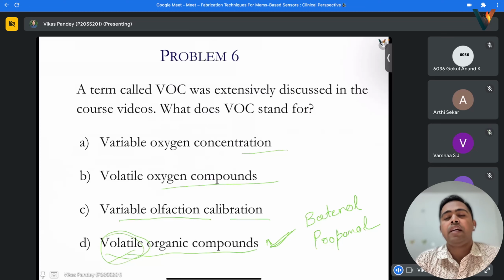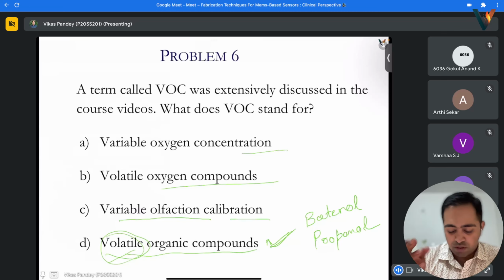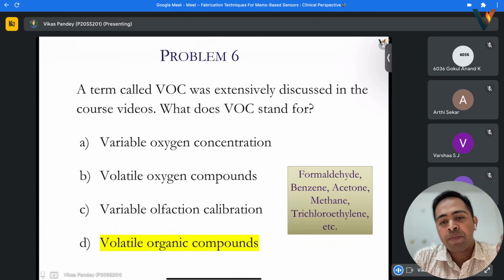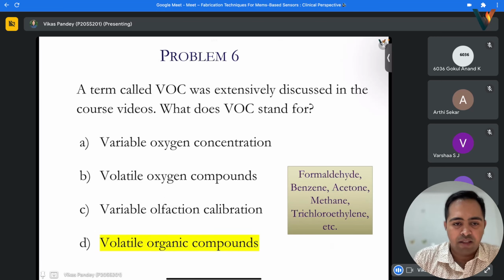Yes. So volatile generally means a bit unstable. Okay. So very easy to evaporate. Like when we put it, it is in liquid phase, like acetone and all. I think I put, yeah, formaldehyde, benzene, acetone, methane, trichloroethylene, and there are many more.